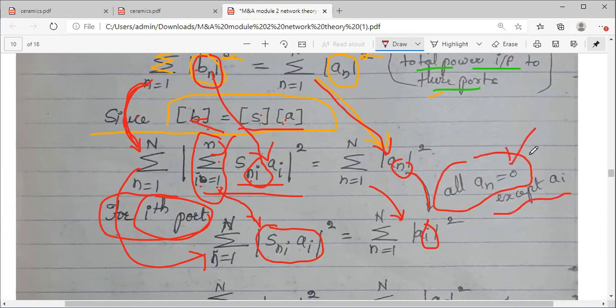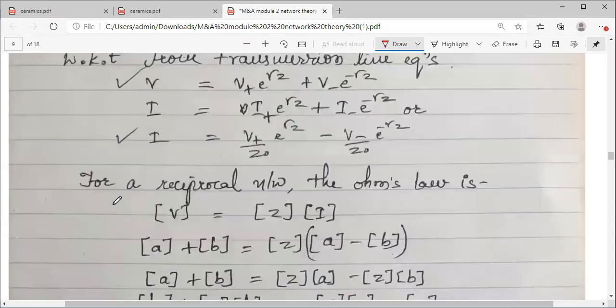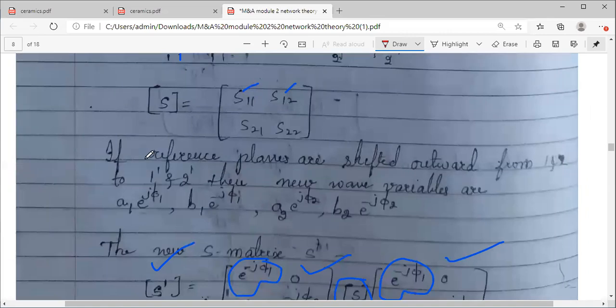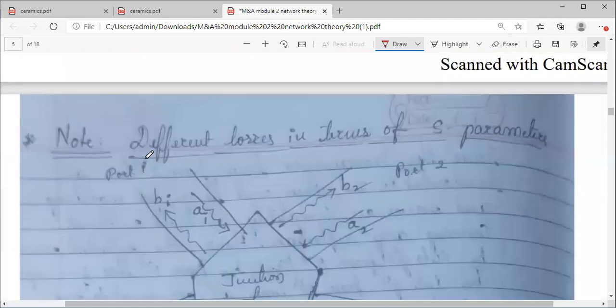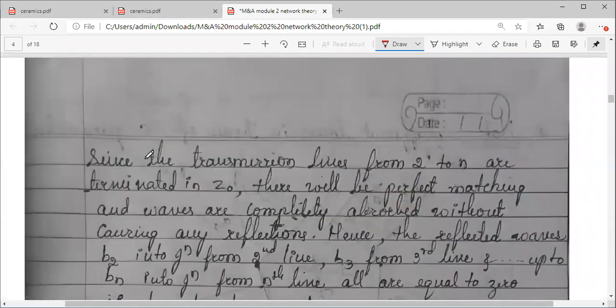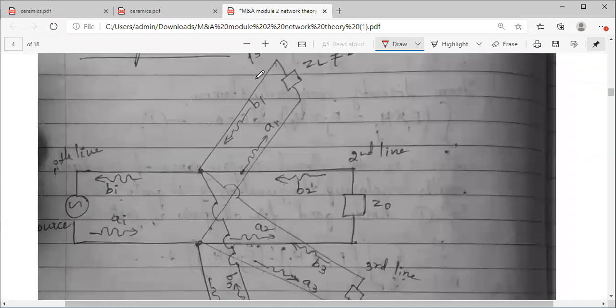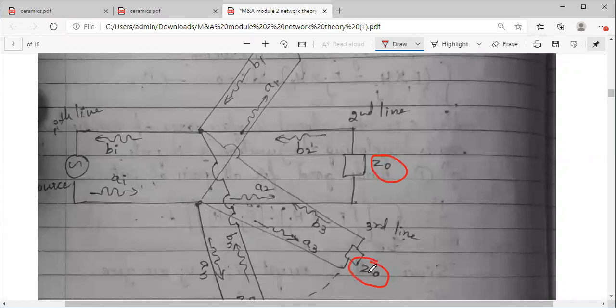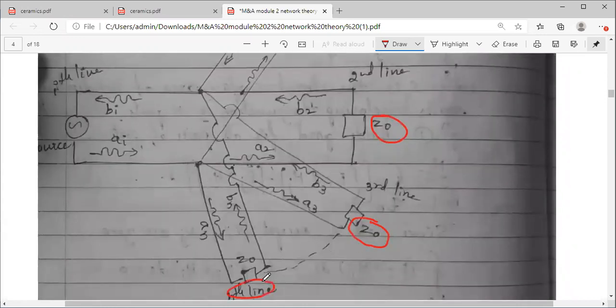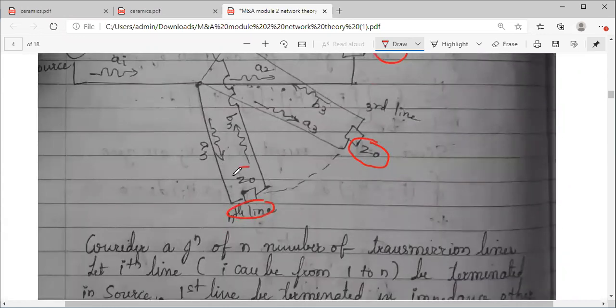Why I am taking this reason is, if you remember, when we were discussing the S matrix representation, we have taken n number of ports. Let me just quickly show you the figure, then you can recall. While deriving that expression, we have taken this figure. Here, if you see, all the lines were terminated with the characteristic impedance, so we won't get any reflections.